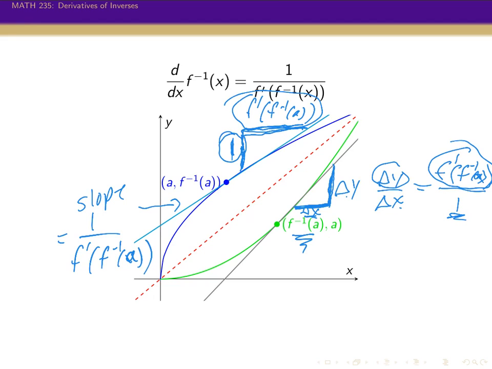And so that's geometrically what's happening here. This reflection over the line y equals x is actually taking the reciprocal of the slope. And so the slope of our original tangent line, when we flip it over, gives a reciprocal slope on the other side. And so that's what's giving us this formula.